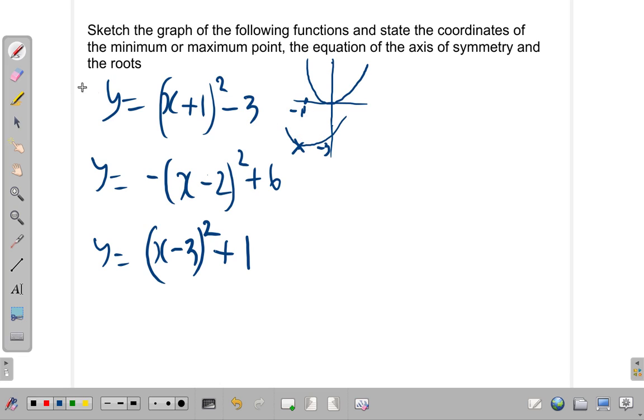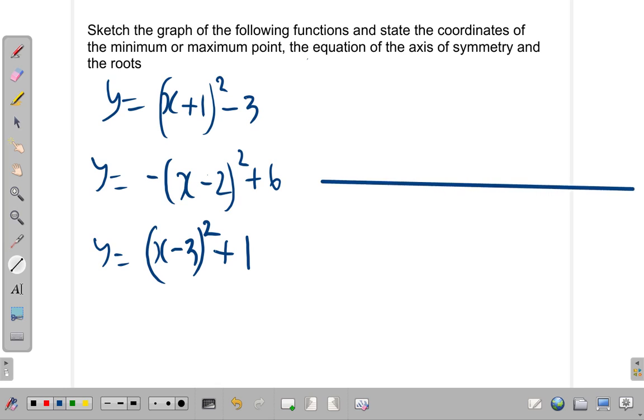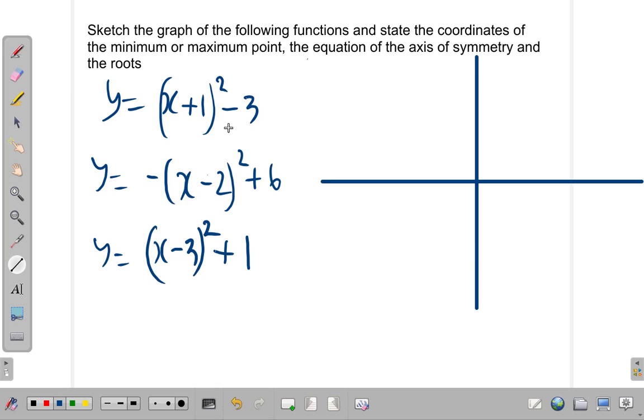All right. In fact, let me draw it a little larger so you can clearly see what's going on. So you have our x and y axis here. So the thing is, y equals x squared should look somewhat like this.